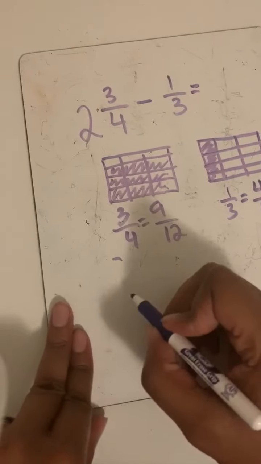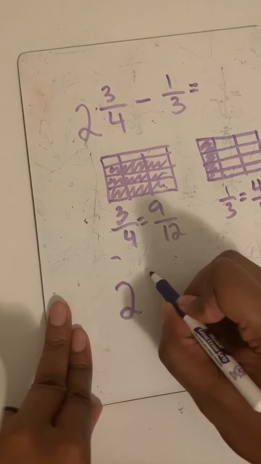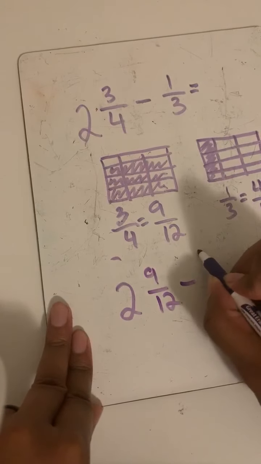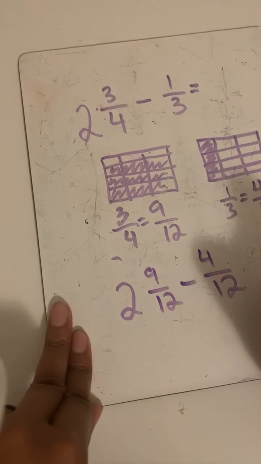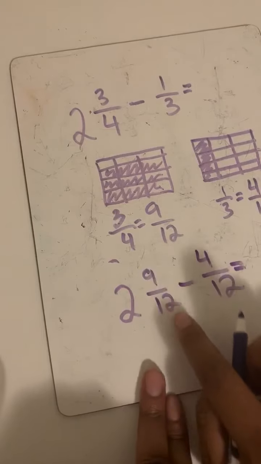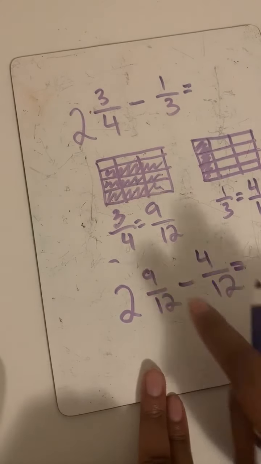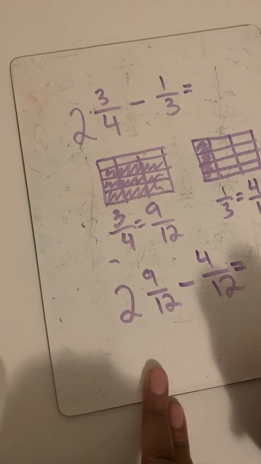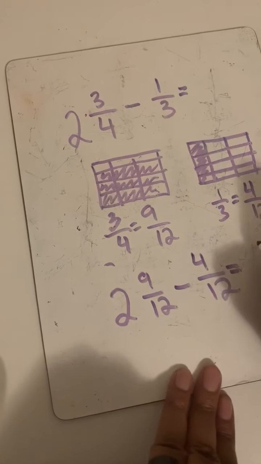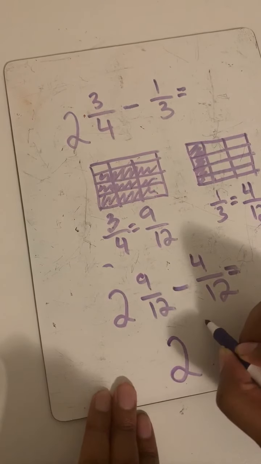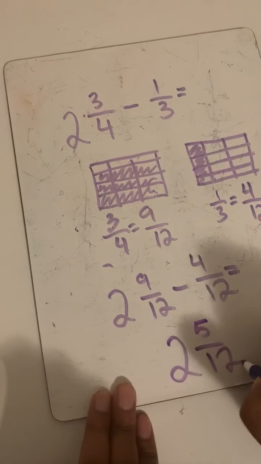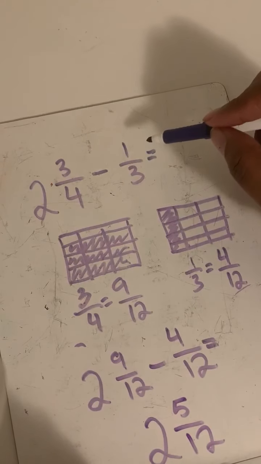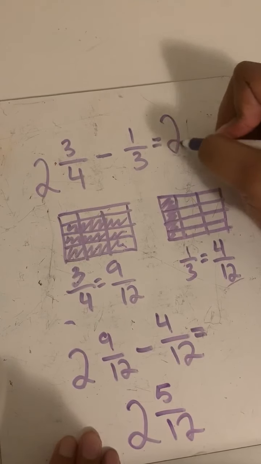That's going to be 2 and 9/12 minus 4/12. Well, what is 9/12 minus 4/12? If I start with 9/12 and take away 4/12, that leaves me with 5/12. So 2 3/4 minus 1/3 is going to be 2 and 5/12.